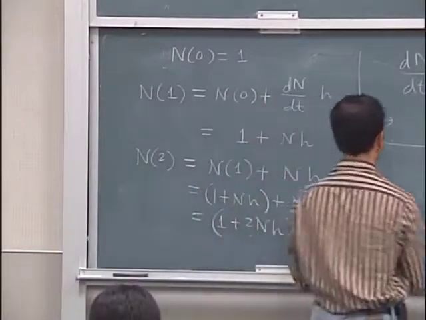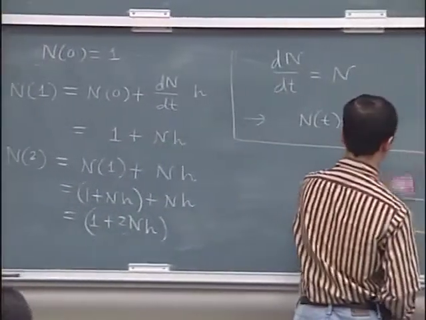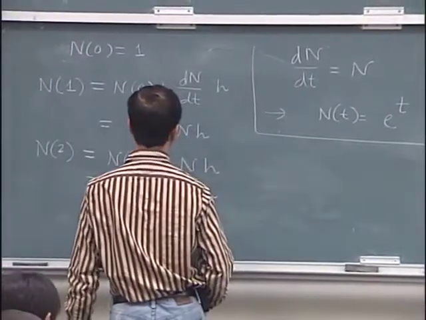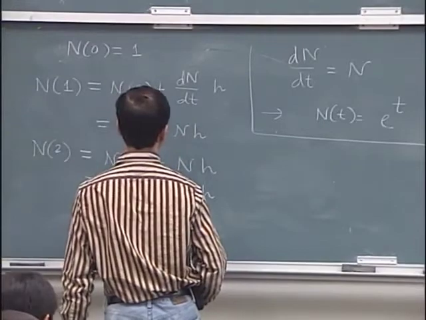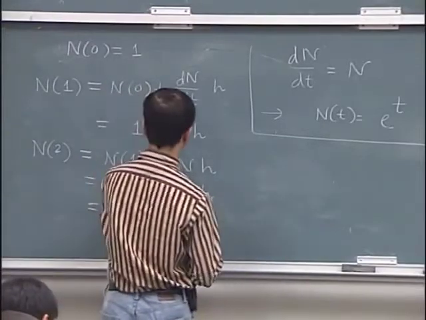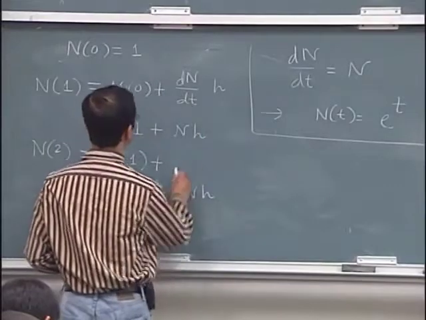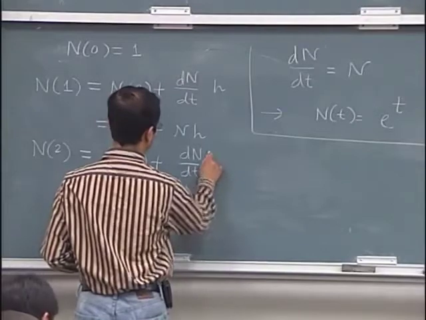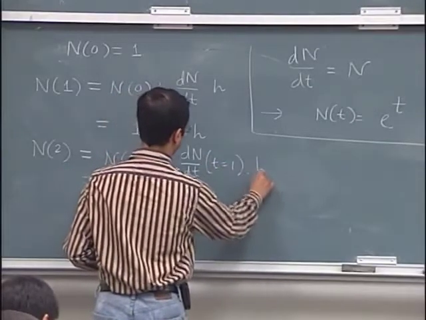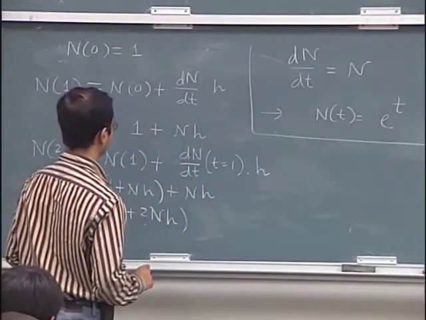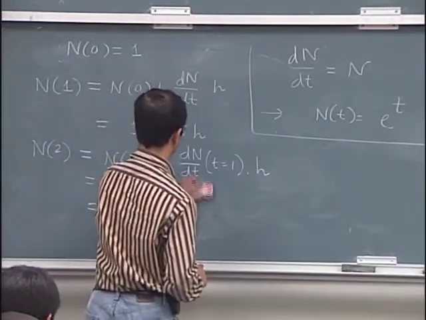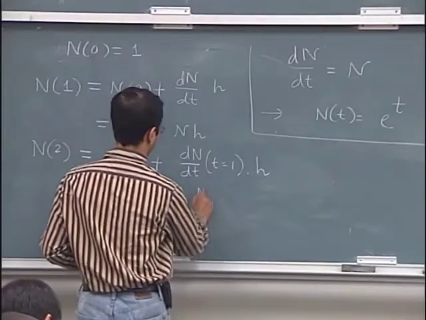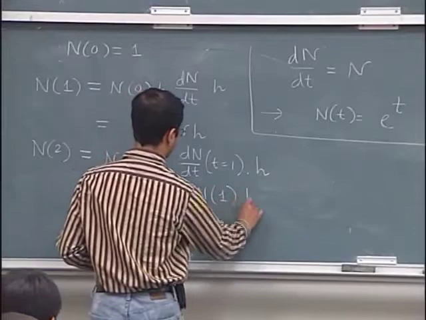Now you go to the third step. dn/dt at t equals 1 times h. That's n of 1 times h.